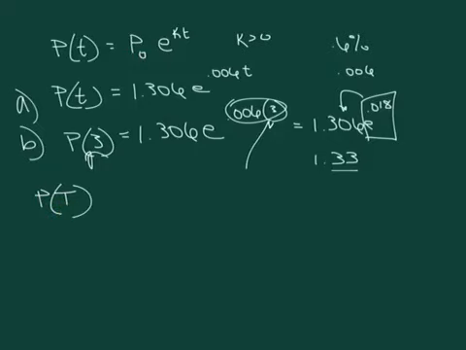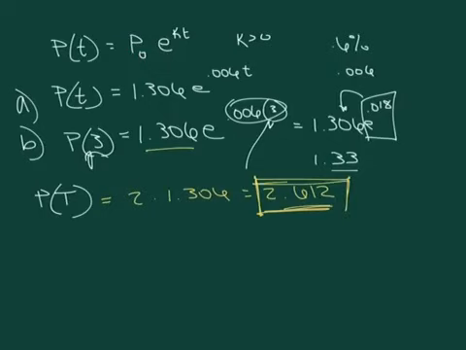What will P of t be? How long will it take for the population to double? Well, what is it now? 1.306. So 2 times 1.306 would be double the population, and that equals 2.612 billion.